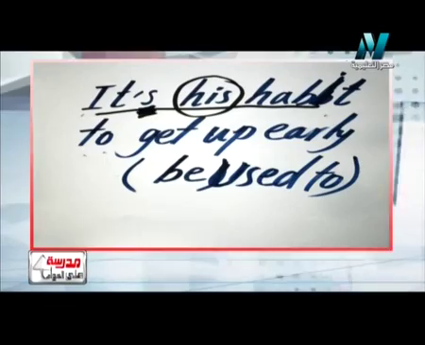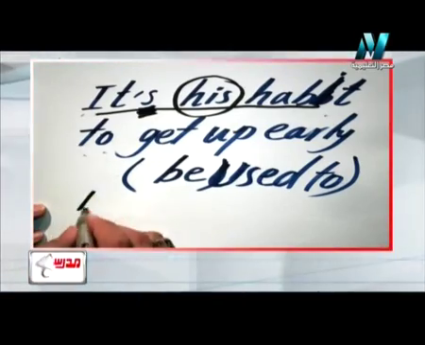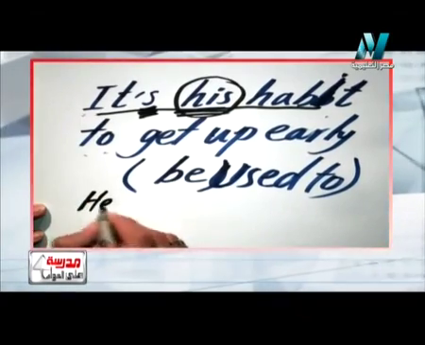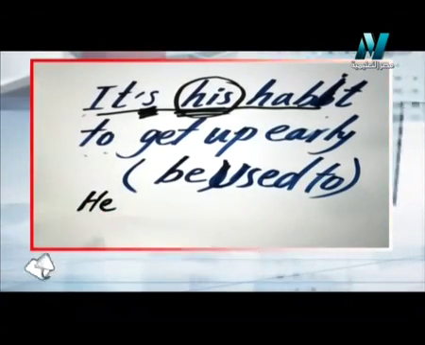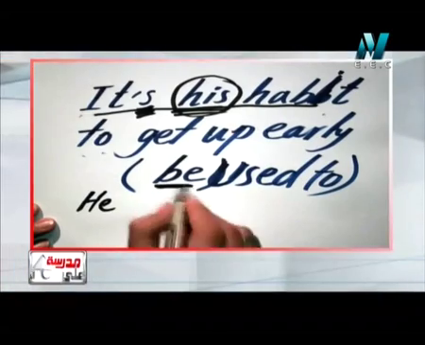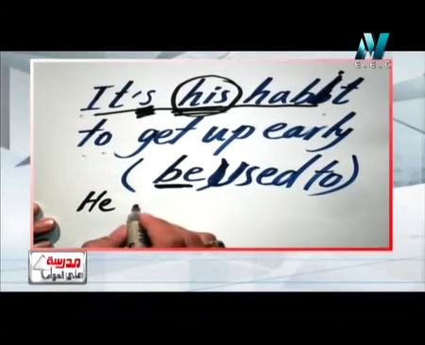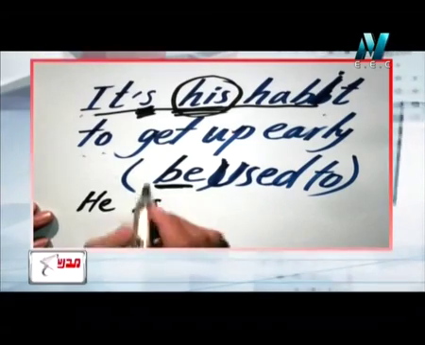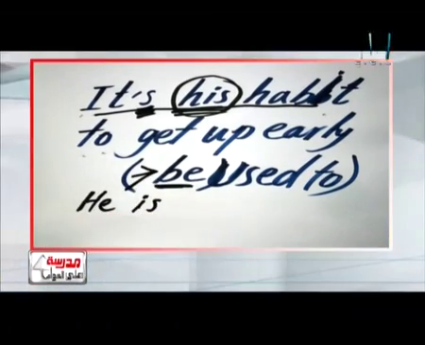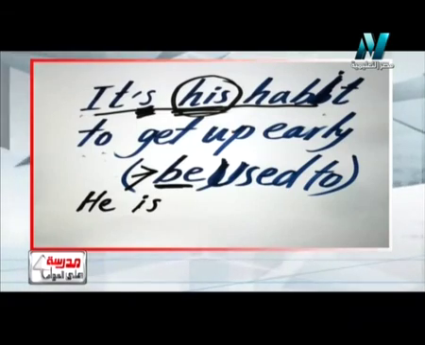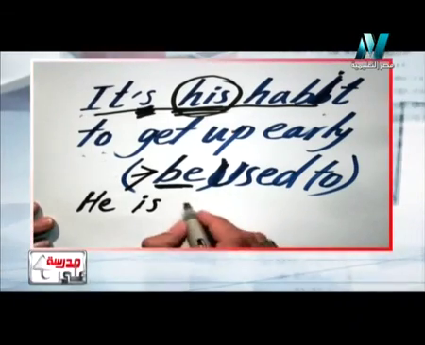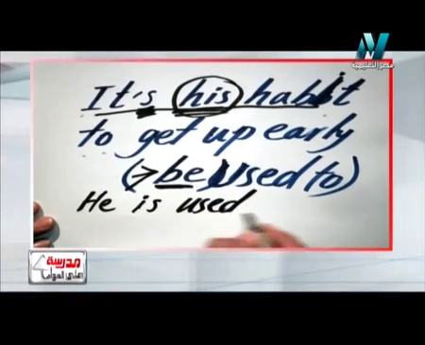Yes, we start with the subject. The subject is, yes, it's one of his habits, so the subject is he, followed by the structure be used to. But he takes is, so we must put the suitable form of verb to be in the present, which is is. He is used to.